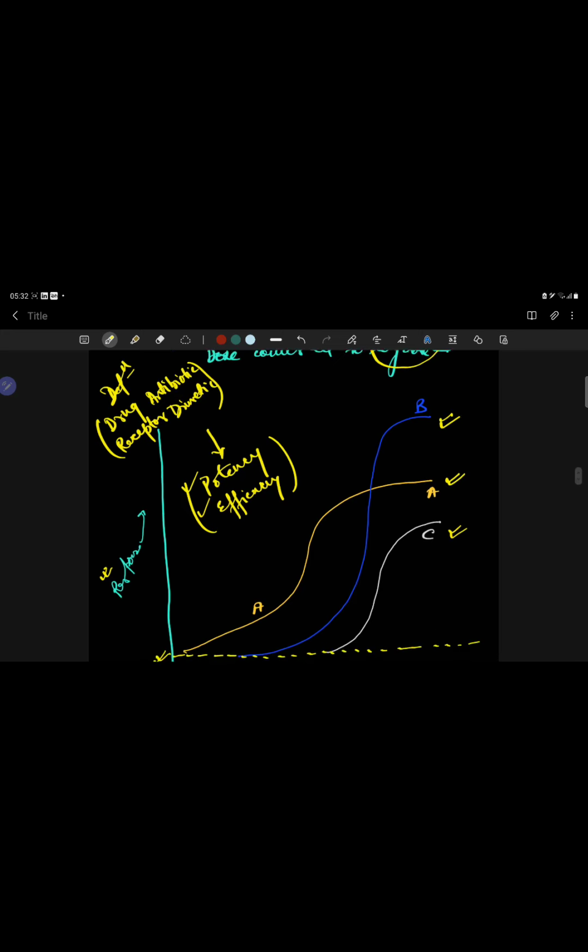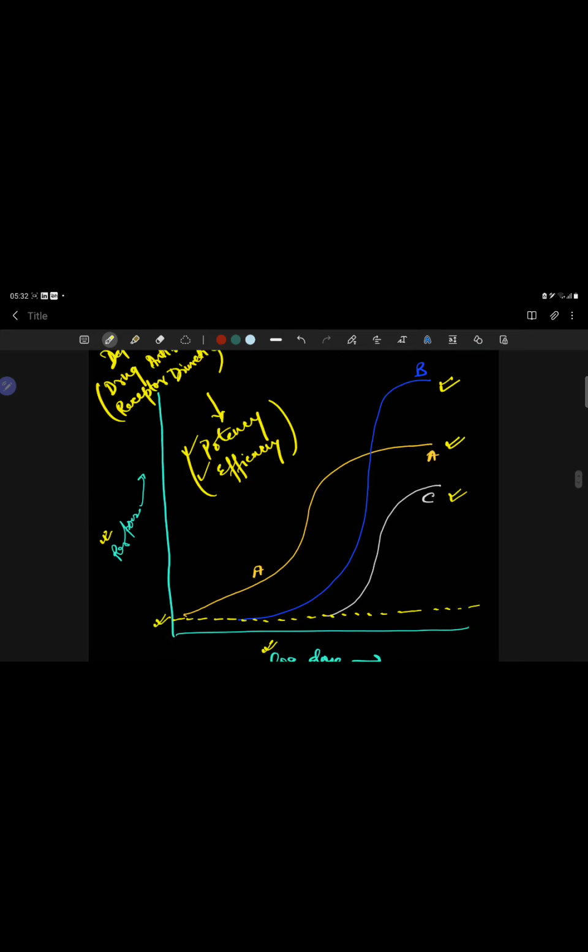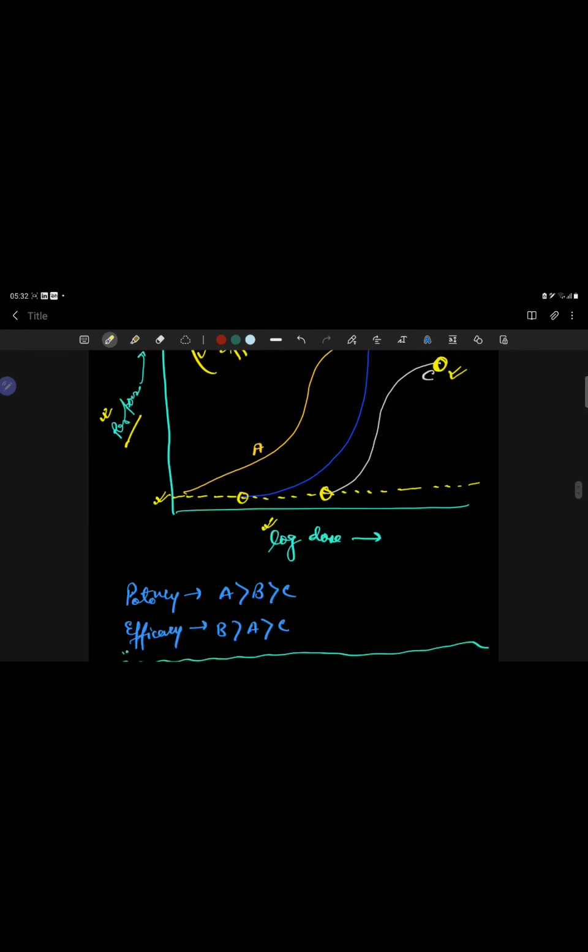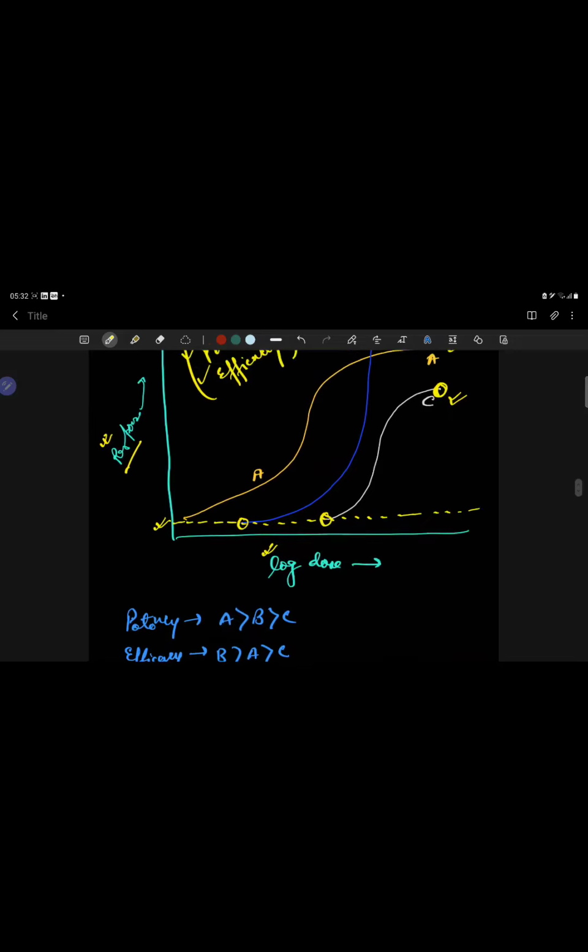Now what happens, you see over here, suppose B and C, they start at the same concentration, but you can see there is a difference in the height, that is the response.